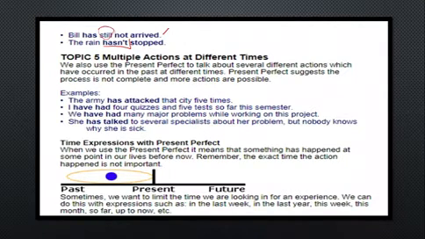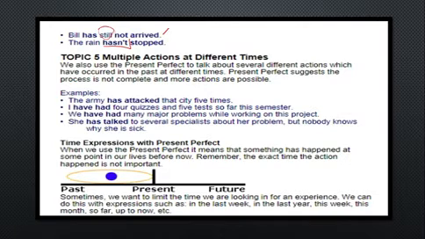Topic 5. Multiple actions at different times. We also use the present perfect to talk about several different actions which have occurred in the past at different times. Present perfect suggests that the process is not complete and more actions are possible.